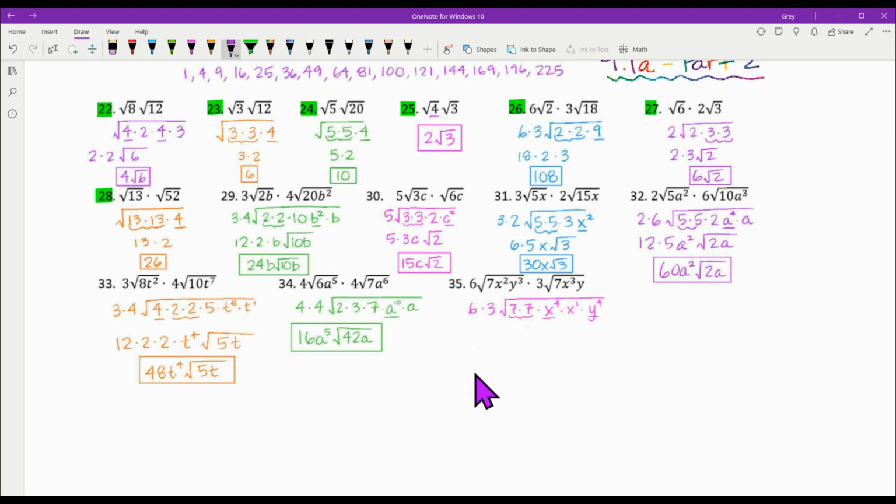That's an even exponent, so it's a perfect square. So 6 times 3 is 18 times 7. So there's my perfect square. I bring 1 out. When I see 2 of something, I bring 1 out. Even exponent, take half of it. The only thing left is square root of x. So that's 126x squared y squared square root of x.